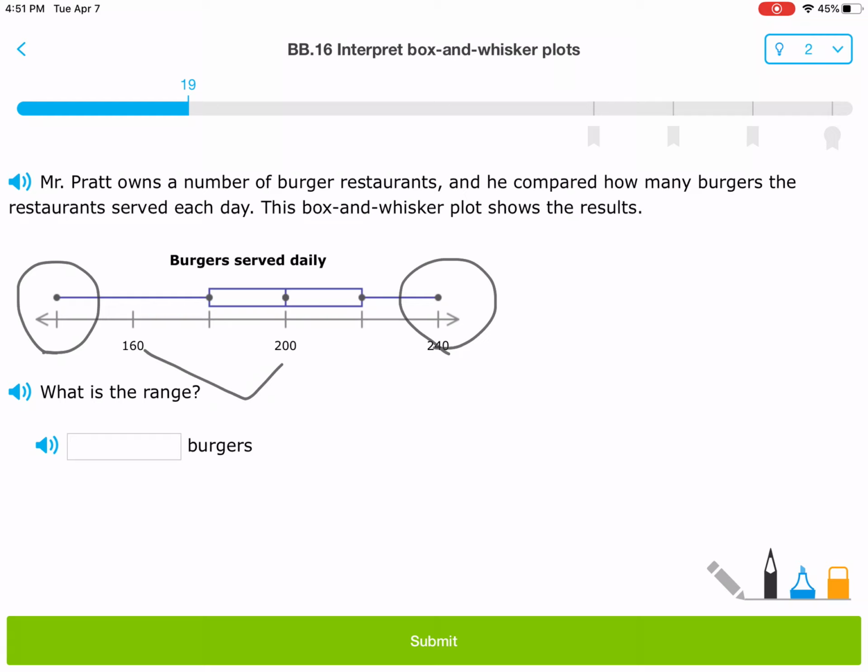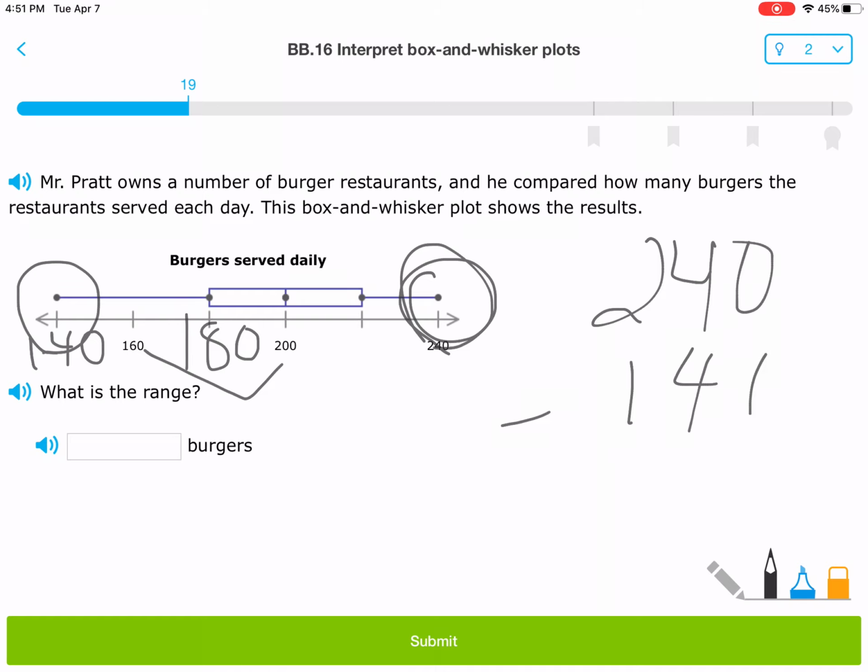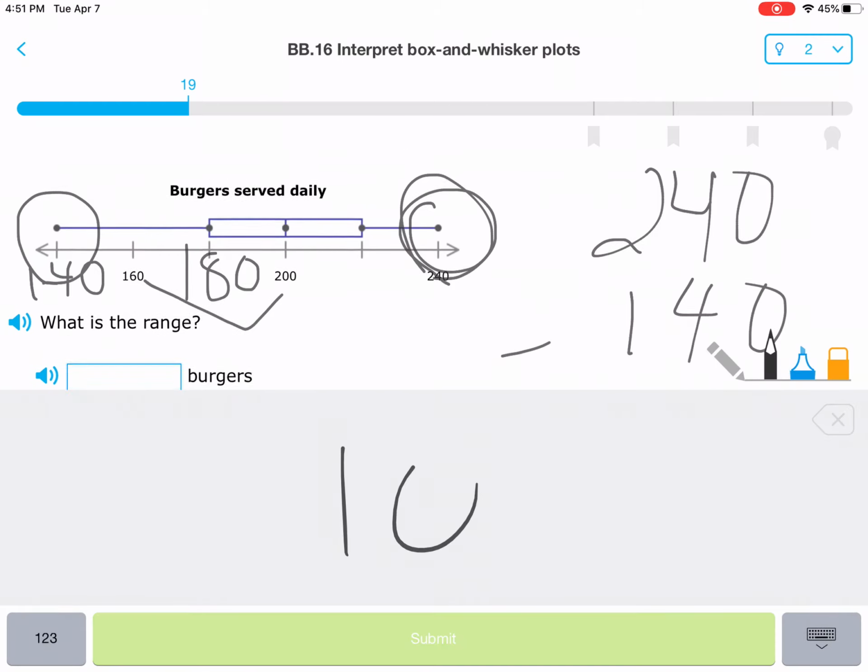And 40 divided by 2 gives us 20. So that missing value is 180. 20 below 160 is 140. And we have that highest value. So 240 minus 140 gives us 100.